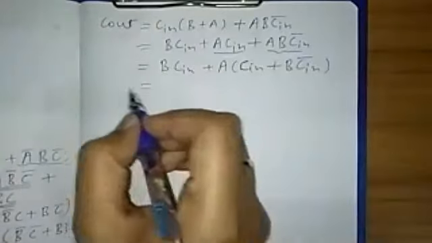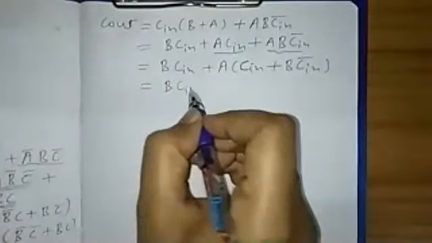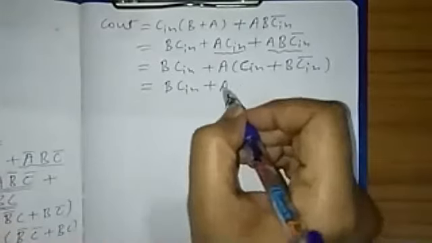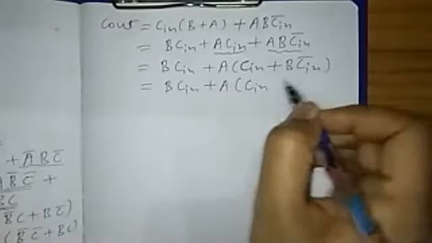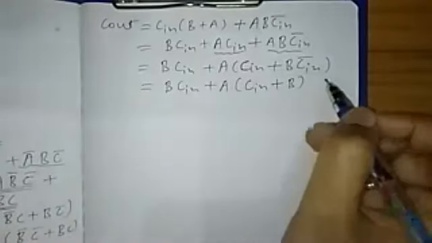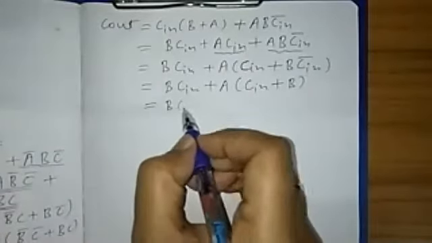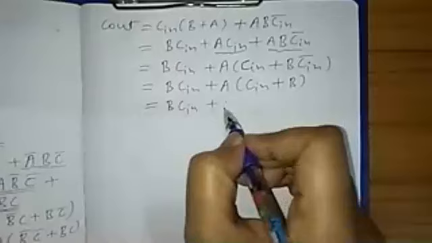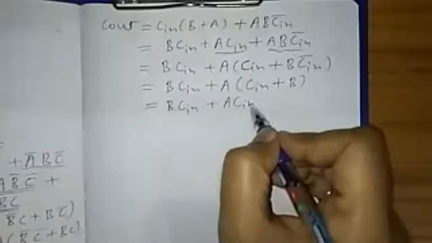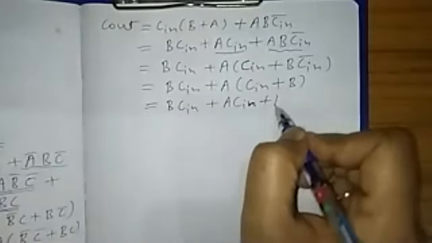Previously how we have done, similarly it will be Cin as it is. This will be A into bracket Cin plus B will remain. Therefore this will be B Cin, A Cin, plus AB.